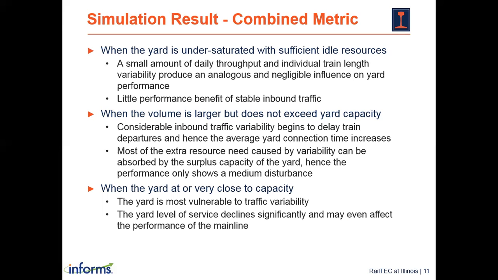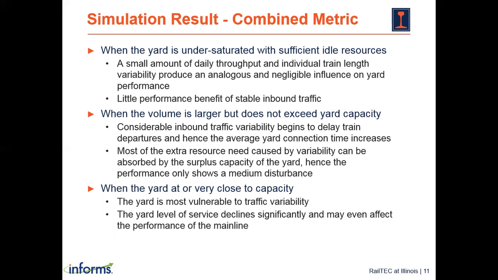Second, when the volume is larger but does not exceed yard capacity, considerable inbound traffic variability begins to delay train departures, and hence the average yard connection time increases. In this case, the random long trains that occur due to the individual train variation, or random high volume days due to daily throughput variation, might cause temporary saturation in the subyard or even the whole terminal.